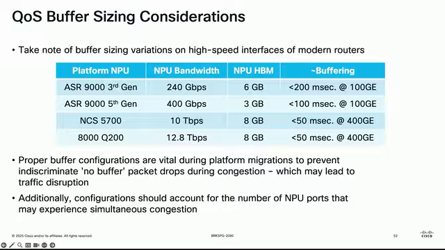And so the key takeaway is that you can't simply copy, say, existing QoS buffer configurations from the older routers with lower speed interfaces to the newer, more modern routers with higher speed interfaces.